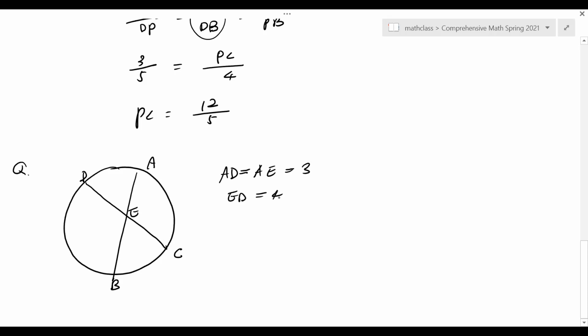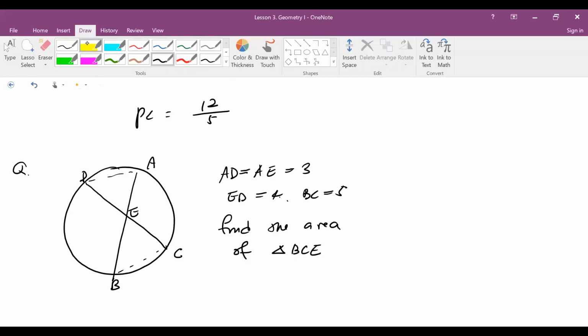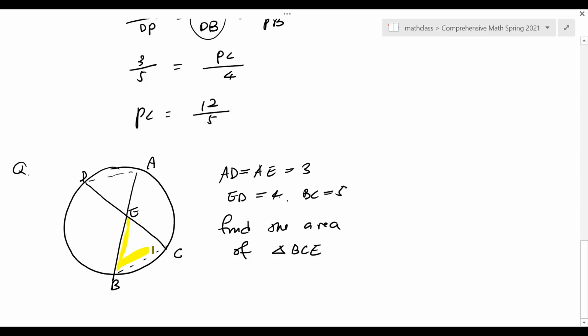ED equals 4. BC equals 5. Find the area of the triangle BCE. So let's find out BCE. Wait a minute, BC, yeah, BC is this one. So I need to connect those two lines. All right, so we are looking for the area of this triangle.